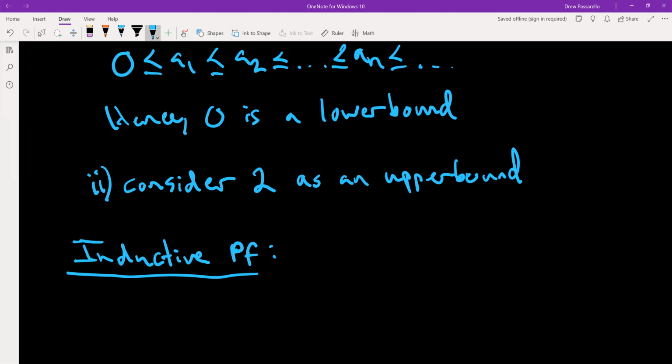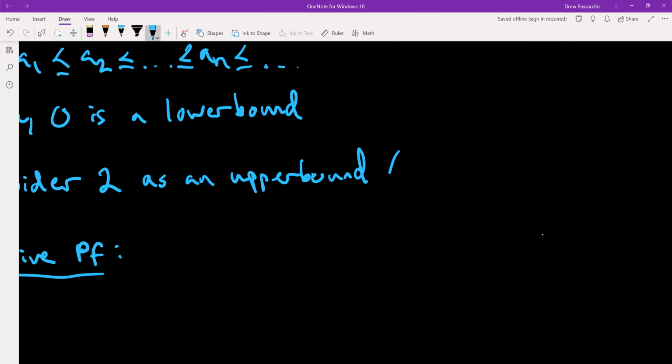So what does it mean to be an upper bound, first off? So we wish to show that for all our terms an, they're going to be less than or equal to 2 for all n. All right, that's what we're trying to show for 2 to be an upper bound.